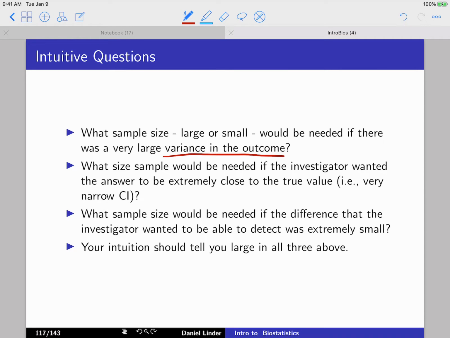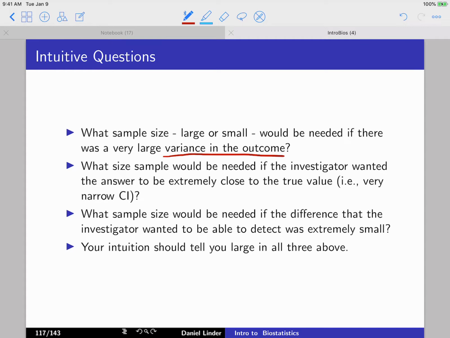So for instance, they wanted a confidence interval that was very precise and was most likely to contain the true value. Another intuitive question is what would happen to the sample size if the difference that the investigator is trying to detect was extremely small? For instance, let's say you have a treatment group and a placebo group, and you're interested in an event outcome, death versus not, and the rate of death in the treatment group is 0.45, and the rate of death in the placebo group is 0.5.